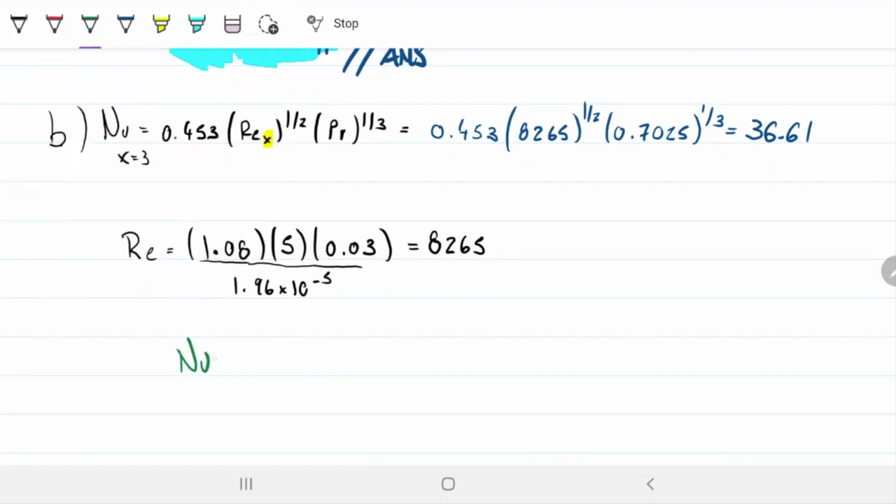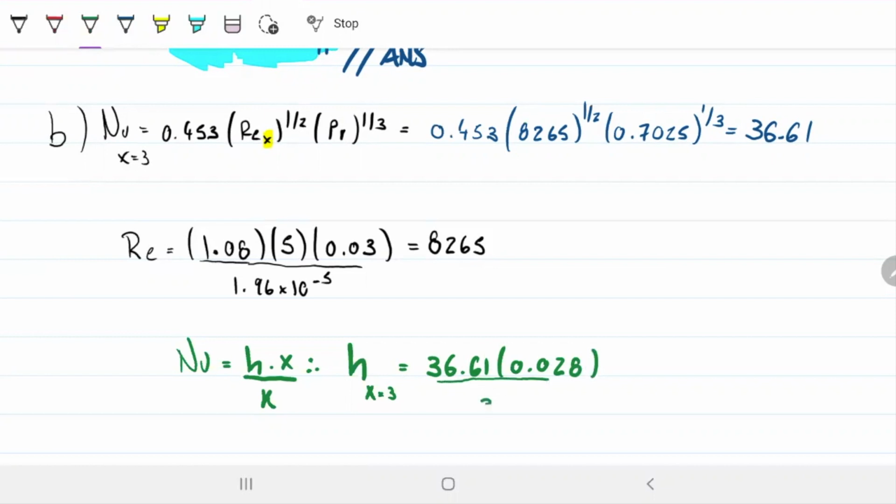Because we know Nusselt is simply H times L, or X for this matter, over K, therefore H at x equals 3 will be just Nusselt, 36.61, times K, which is 0.028, divided by 0.03, which gives me 34.17.